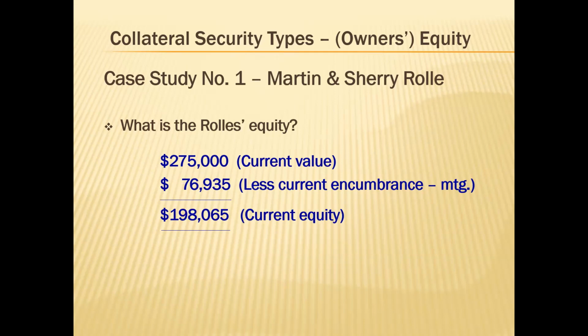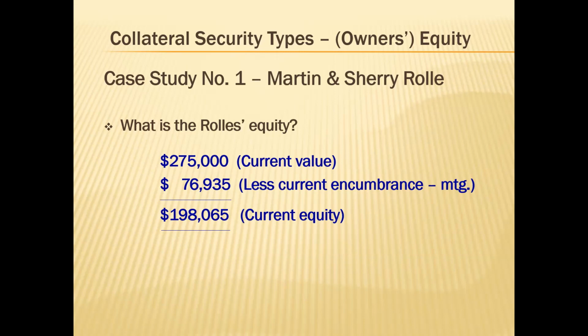They may discount the value by a certain percentage, or they may say we will only lend up to 80 or 85 or 90% of the value. So one way or the other, the banks will do it either by an adjusted value or a percentage of the current value.